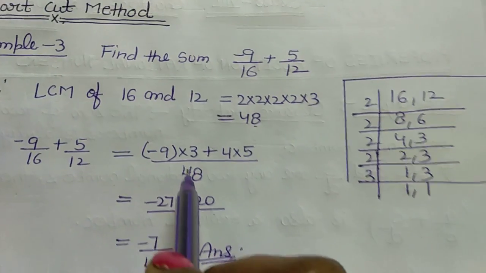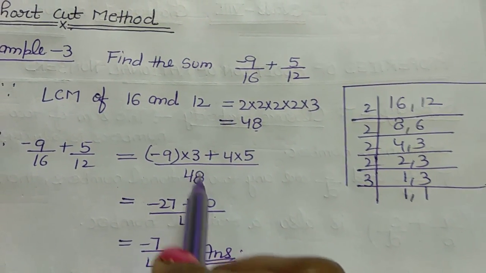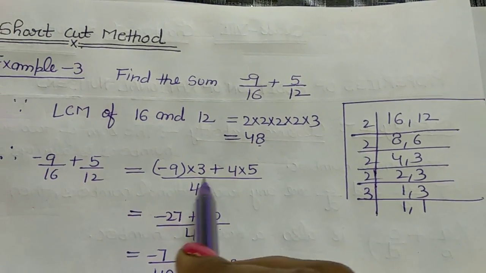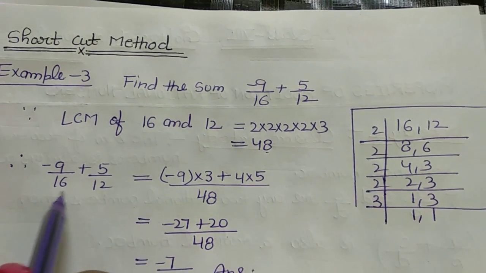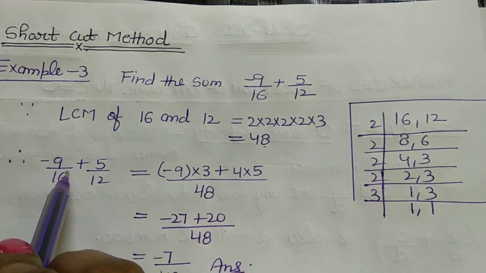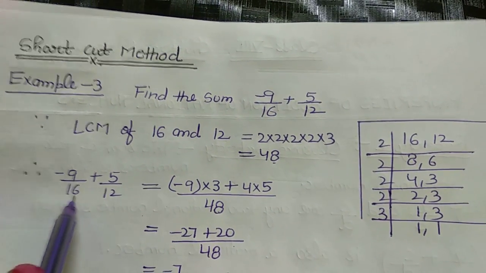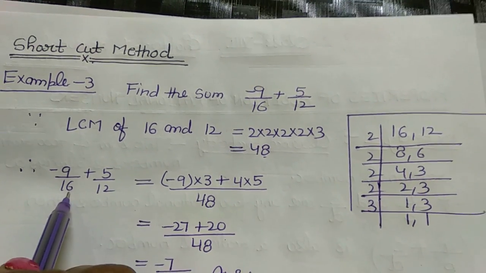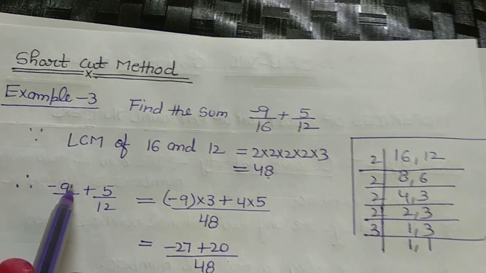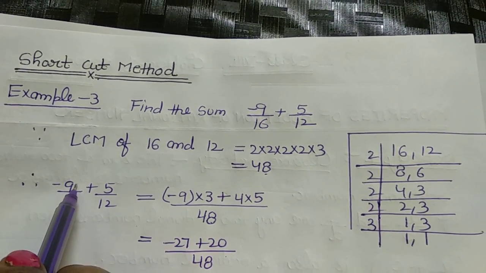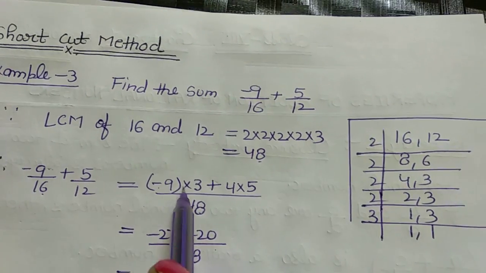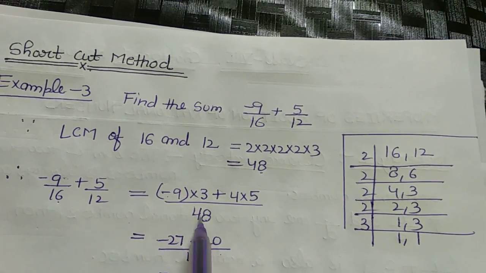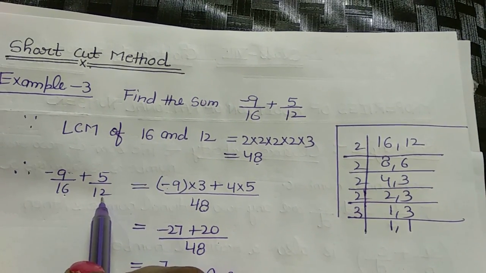Now we will take the common LCM 48 here. Then we will divide the LCM by the denominator of the first rational number. 48 divided by 16 is equal to 3. Then we will multiply 3 into the numerator of the given rational number, minus 9. Minus 9 into 3. Again we will divide the LCM by the denominator of the second rational number, that is 12.